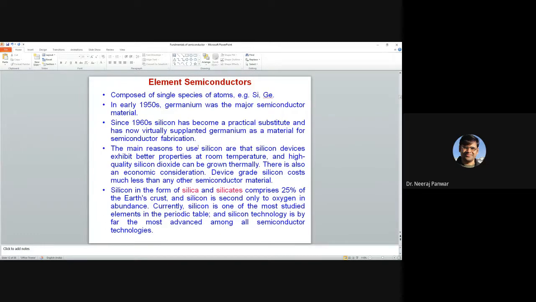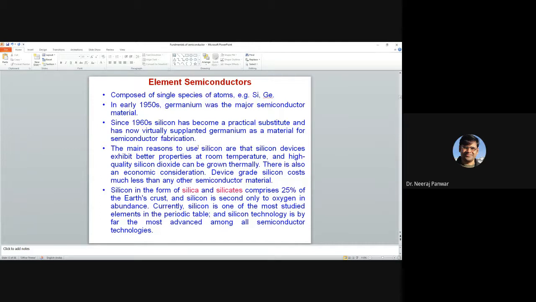Now, as I told you, examples of semiconductors are silicon, germanium, and gallium arsenide. As we proceed further, we will come to know about other types of semiconductors, but for the time being we take these three examples.